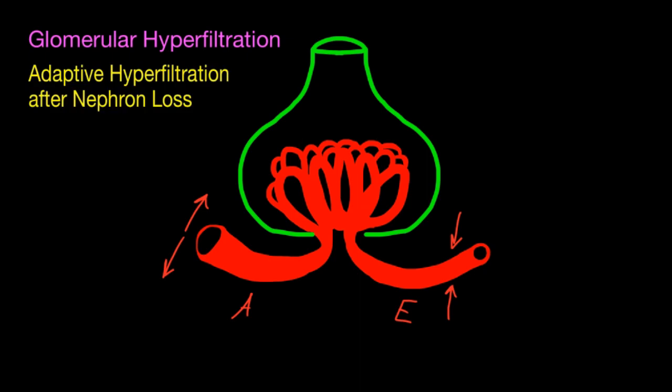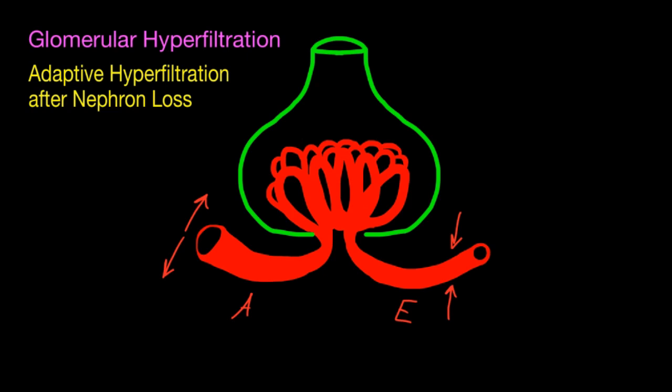So this process appears to occur after nephron loss. It's an adaptive hyperfiltration after, let's say, there was some insult to the kidney, or the patient has polycystic kidney disease and they've lost a number of nephrons, or they're losing them. Hyperfiltration will occur in the remaining glomeruli of the normal nephrons in order to boost the GFR back to normal after that insult.